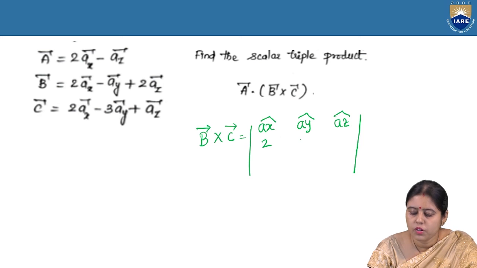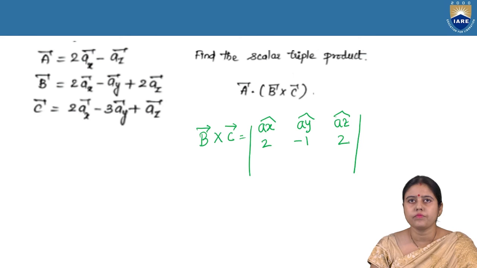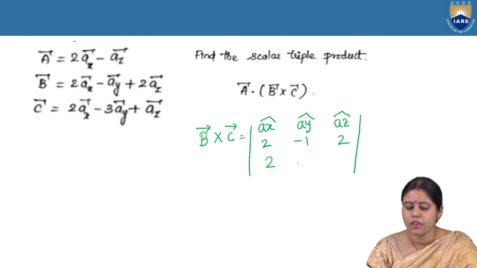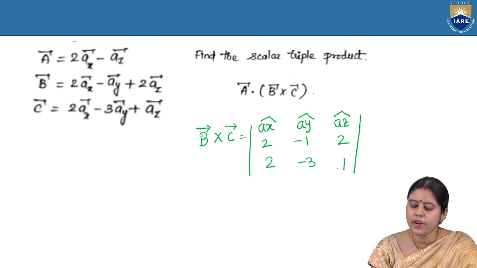2, minus 1, 2. What is the value of C? C value is 2, minus 3, 1.